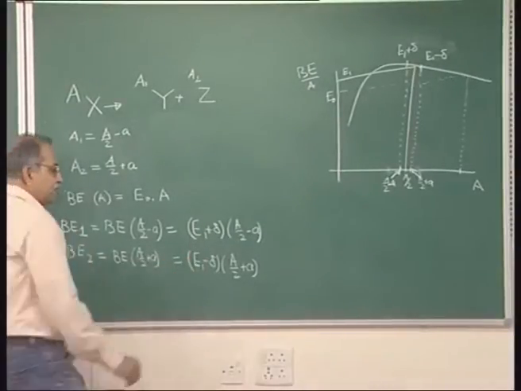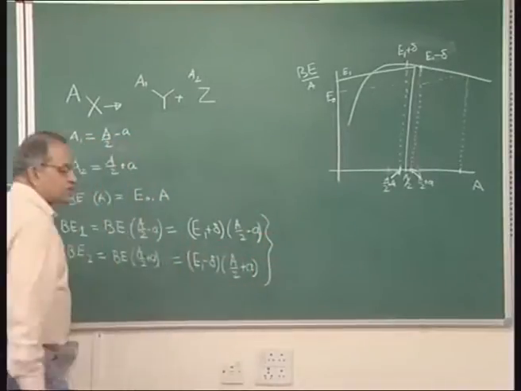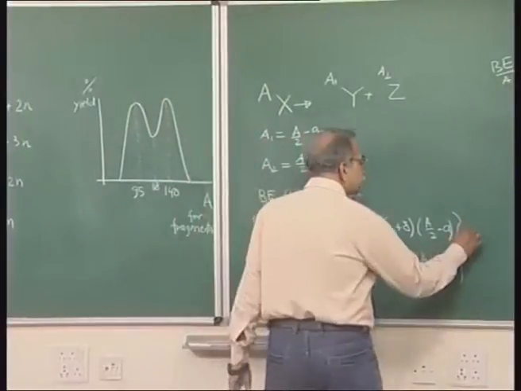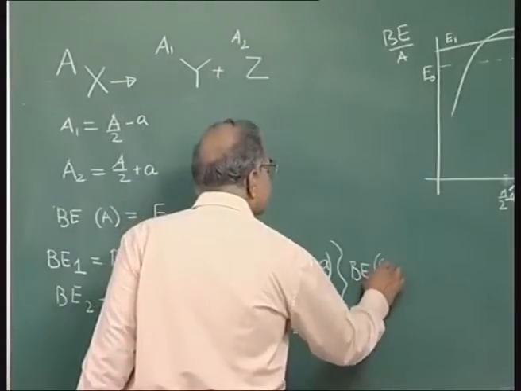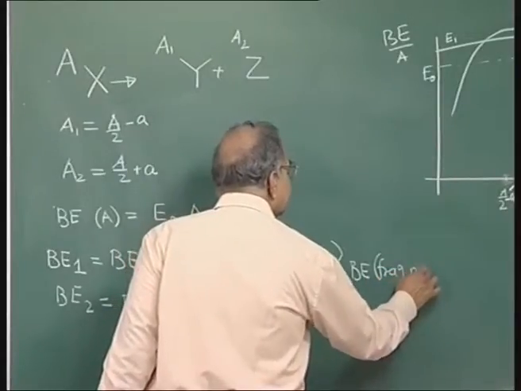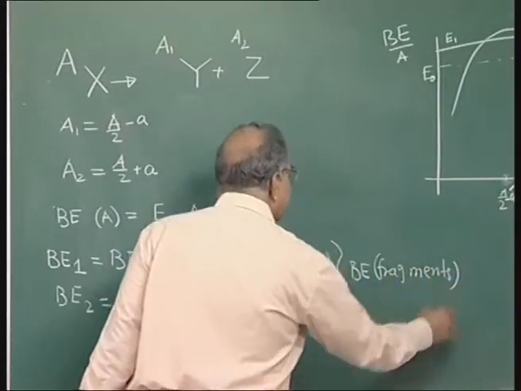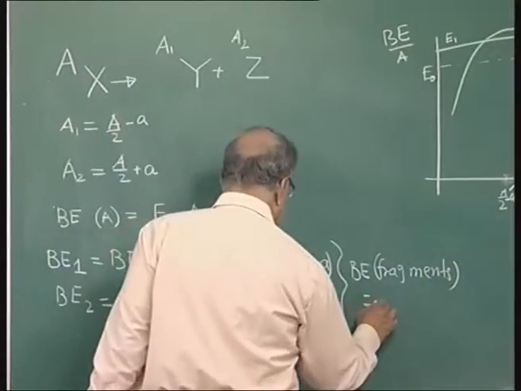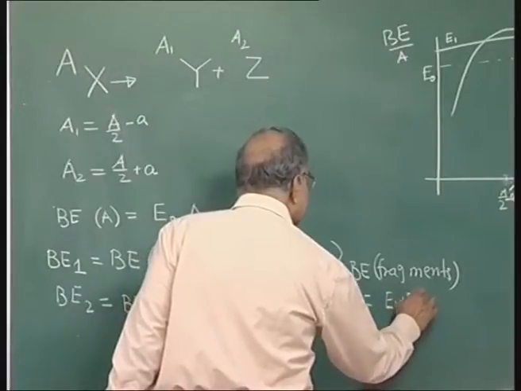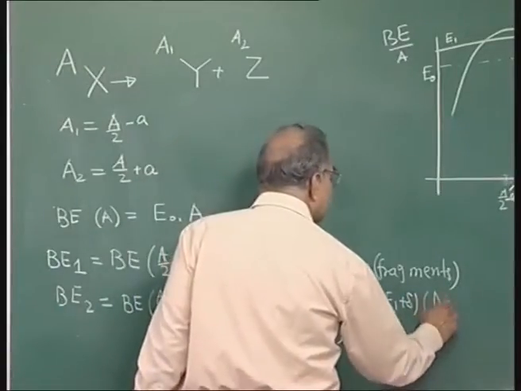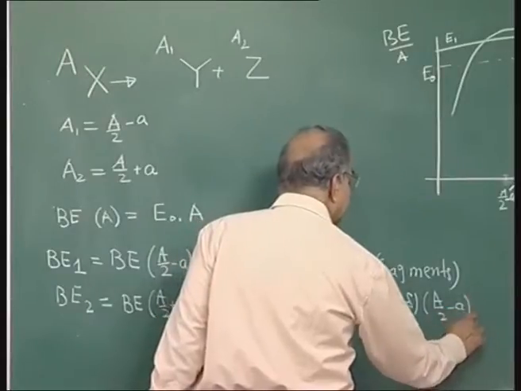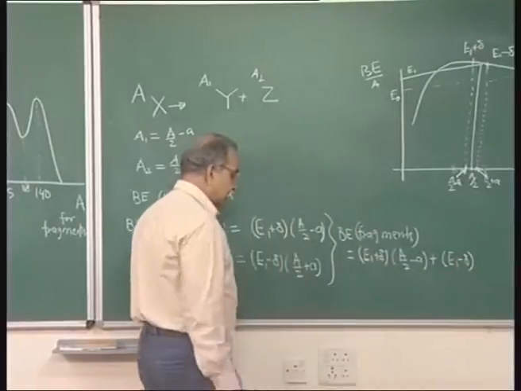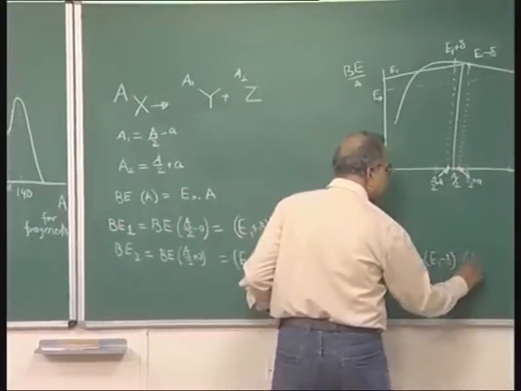So, the total binding energy after the event, after that splitting, the binding energy of the fragments will be this BE1 plus BE2, that is E1 plus delta times A by 2 minus small a, and plus E1 minus delta multiplied by A by 2 plus a.